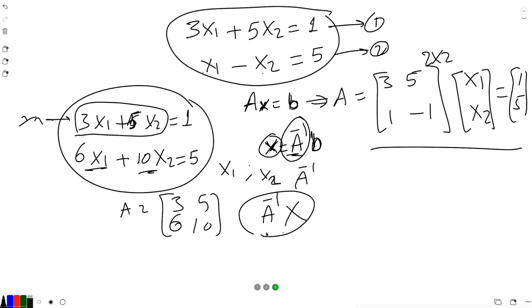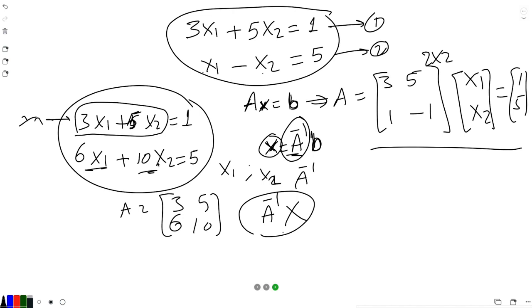So in that case it is important to remember that for a system of linear equations to have a solution, it should be full rank. And the second condition, to have a single solution, is that the number of equations should be the same as the number of unknowns.